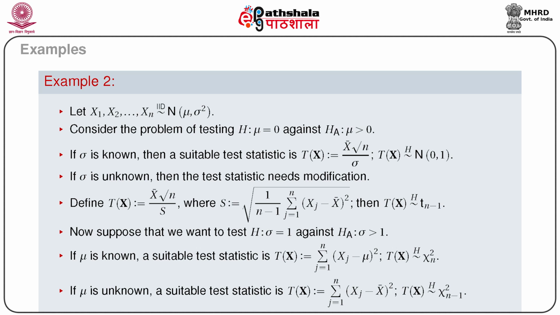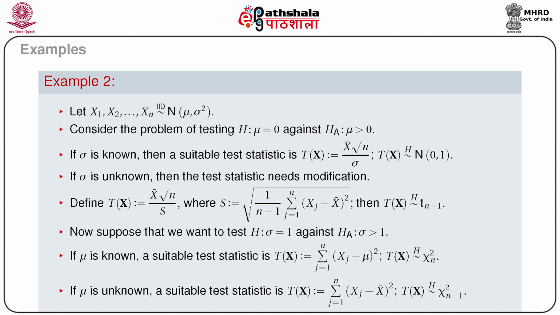When sigma is unknown, we use the test statistic Tx equals root n times x bar divided by s, where s is the sample standard deviation, which is the square root of 1 by n minus 1 summation over i from 1 to n of xi minus x bar whole square.